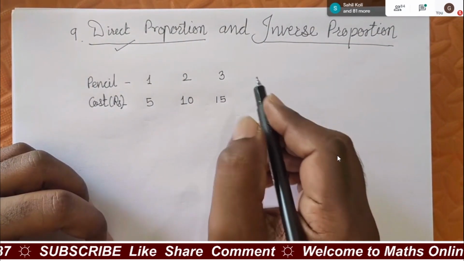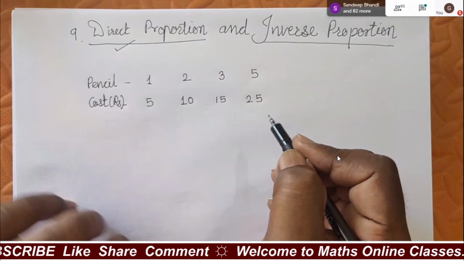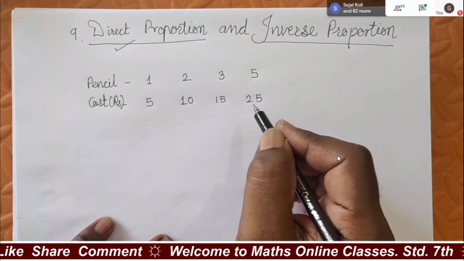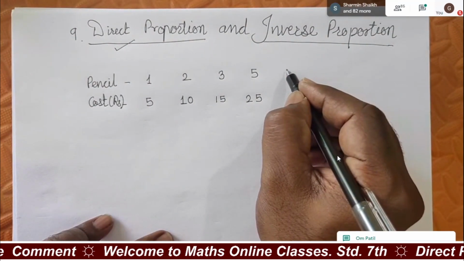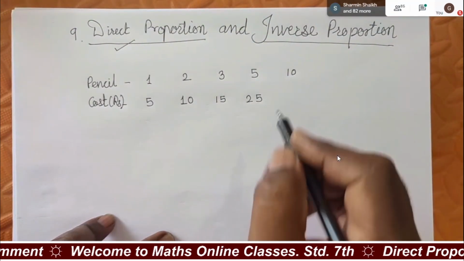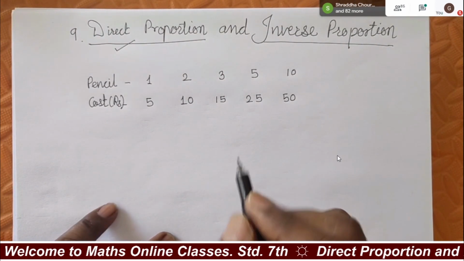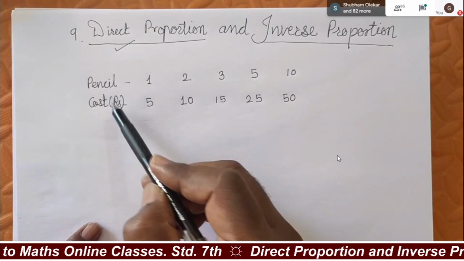Correct. And now I want 5 pencils, 25. Correct. But some students have the habit that for the full year or for 6 months they purchase a full box, and now what will be the cost? It is 50. Correct. So in direct proportion, there are two quantities.